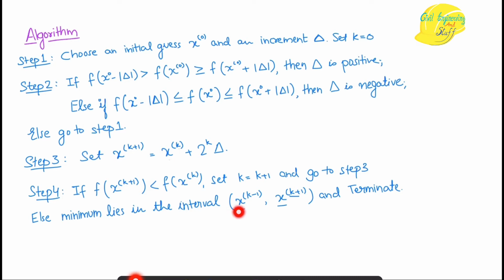We get the range in which the minima of the function will lie. So this is the algorithm through which the bound phase method proceeds.